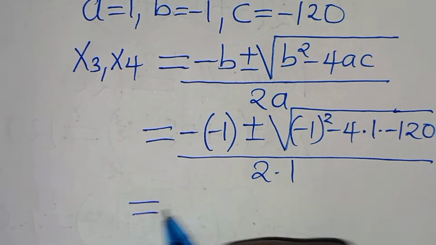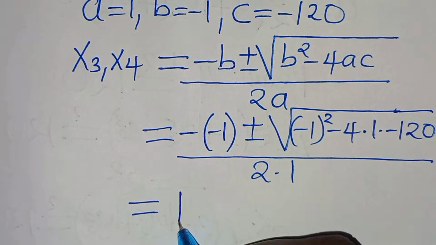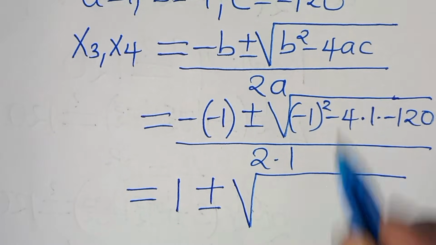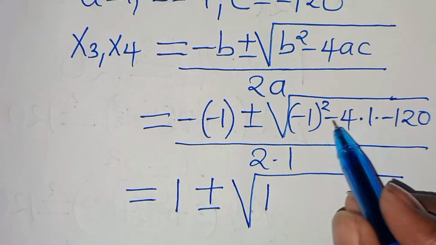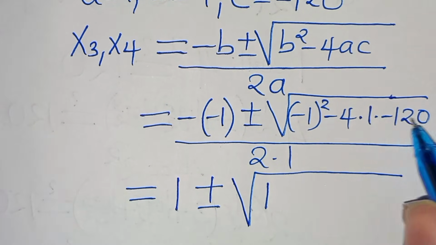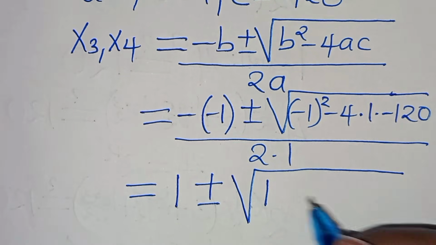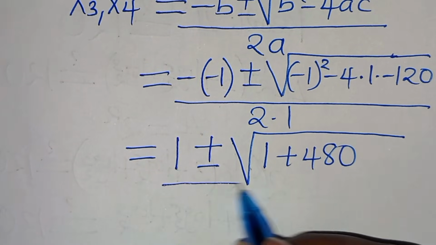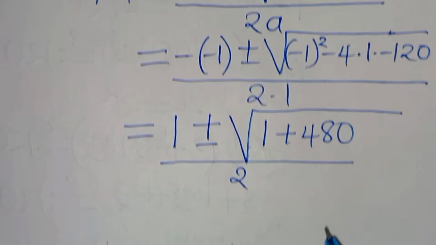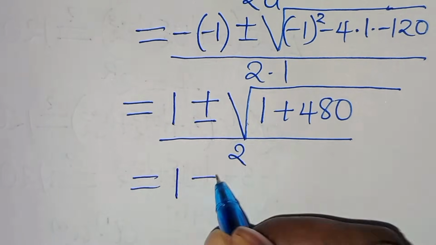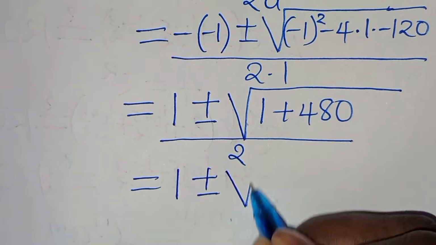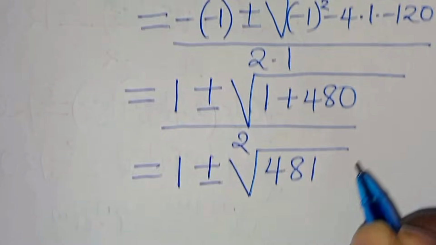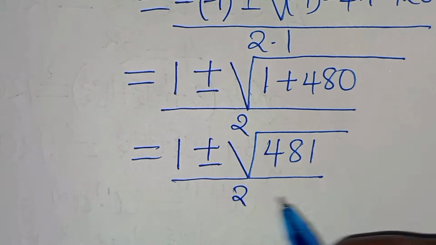So this means that here minus times minus 1, this is 1, plus or minus, we have the square root of minus 1 squared, this is 1, then we have minus 4 times minus 120, and this is actually plus 480. Then everything here divided by 2. So here we have 1 plus or minus the square root of 1 plus 480, this is 481. Everything here divided by 2.